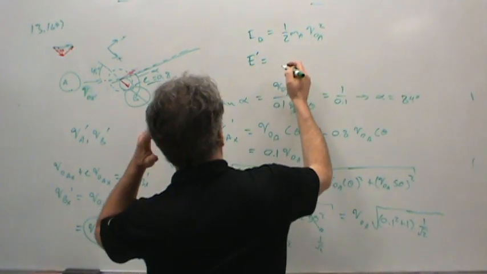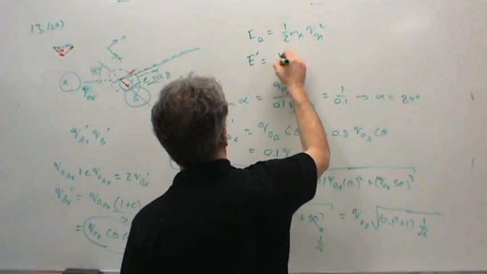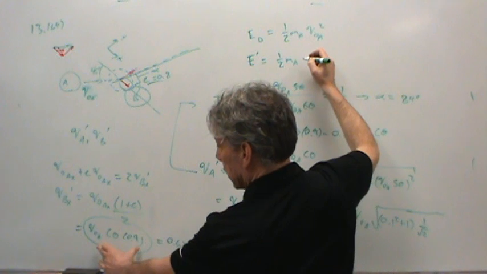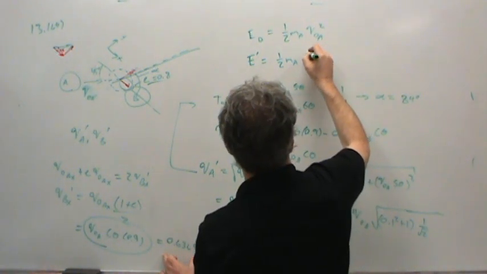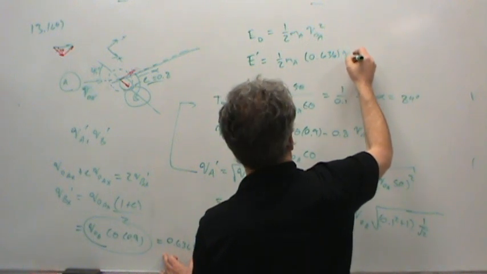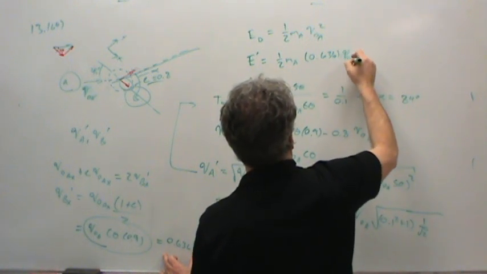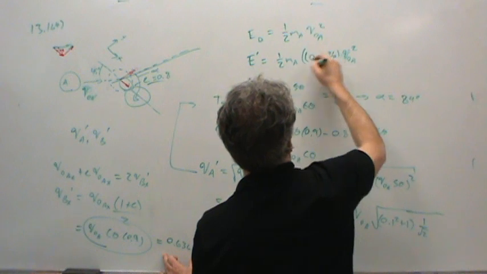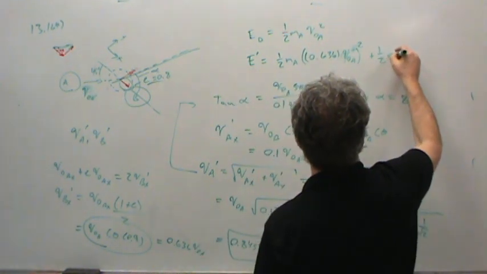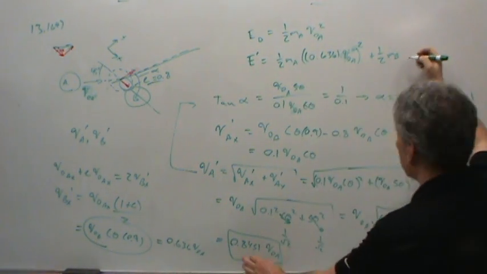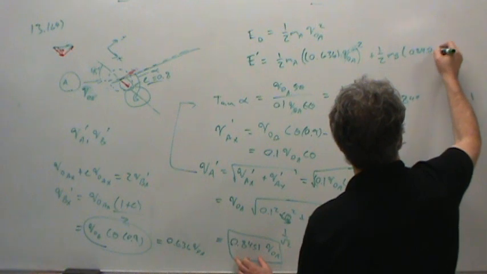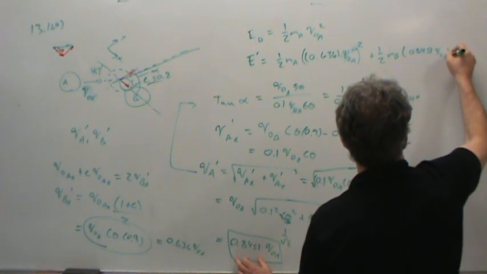Well, that would be 1/2 mass of A, and we want the velocity of A after impact, so that would be 0.636 V0A, and we'll have to square the whole thing. Plus 1/2 mass of B times 0.8451 V0A squared.